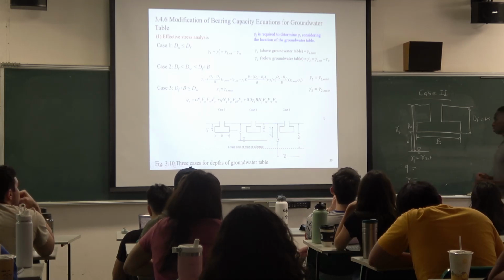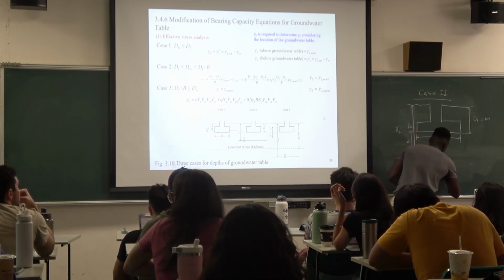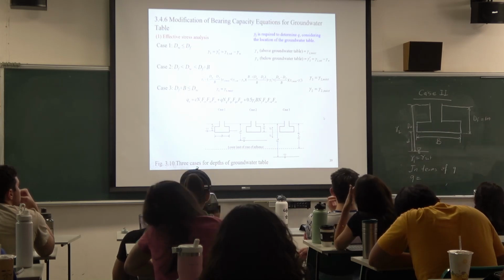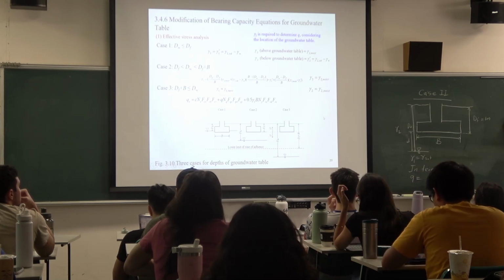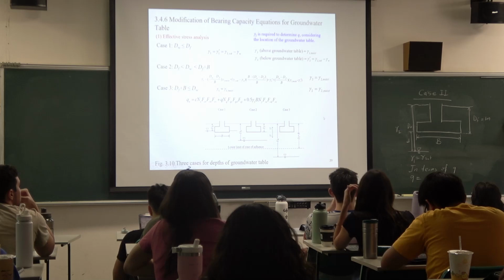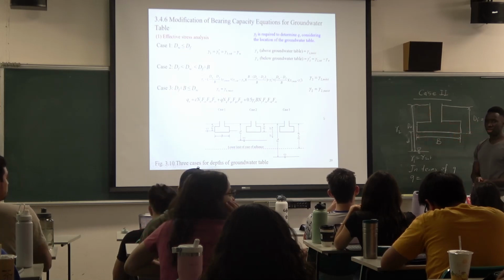Okay, so if you are going to do it in terms of Q, or the stress at this point, can you make an assumption, how do you think we can calculate the stress at this point? It's actually quite straightforward, because if we are going to calculate the stress, it's the unit weight multiplied by the depth, okay? So from here to here, we have only one unit weight.